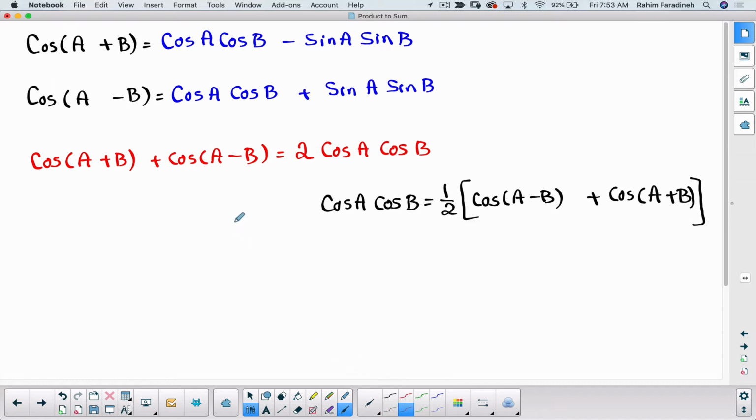Now similarly, if we subtract these two formulas in the beginning, I'm going to go for cosine of a minus b minus cosine of a plus b. So we're going the second formula minus the first formula, and in this case the cosine a cosine b cancel out, so we get 2 sine a sine b.